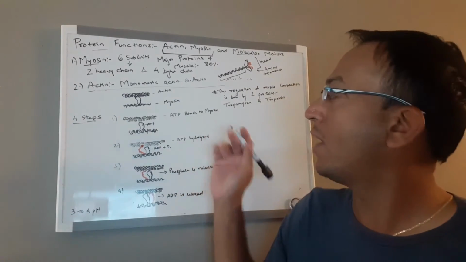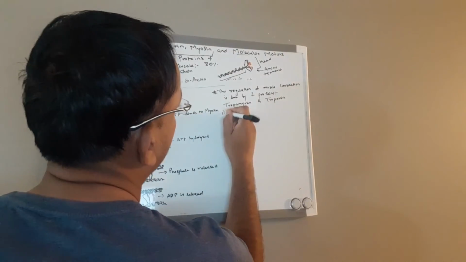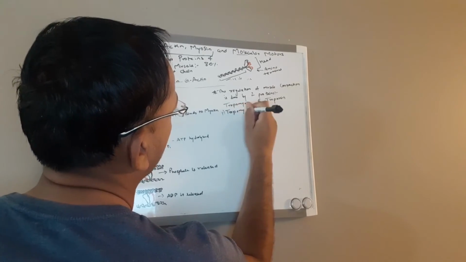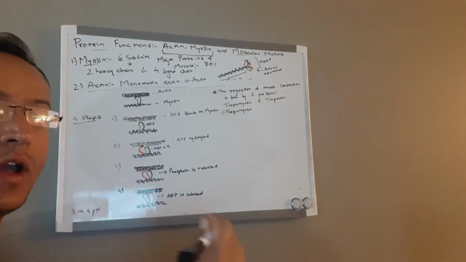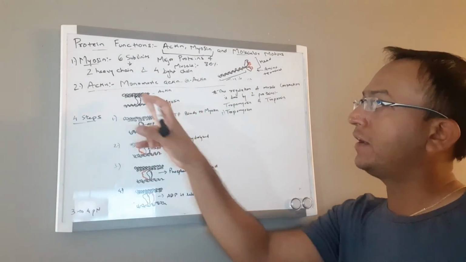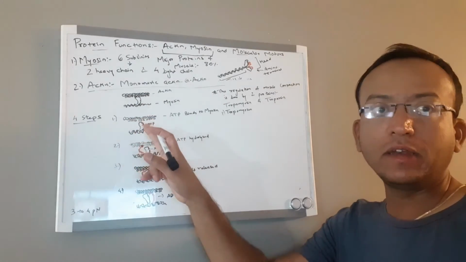So what the tropomyosin does, it binds to the thin filament, that is the actin, right?